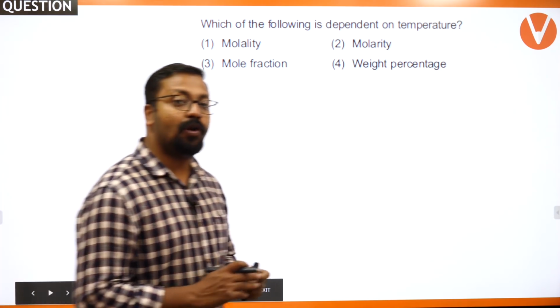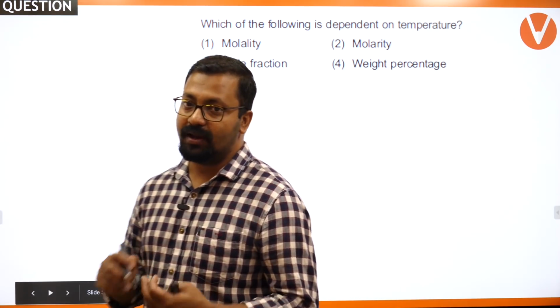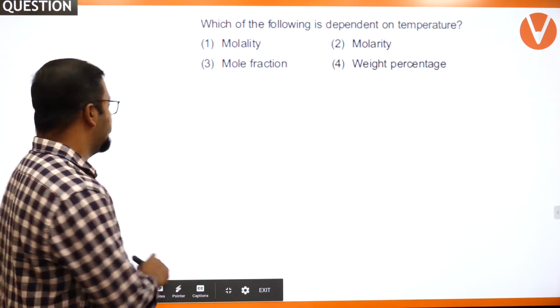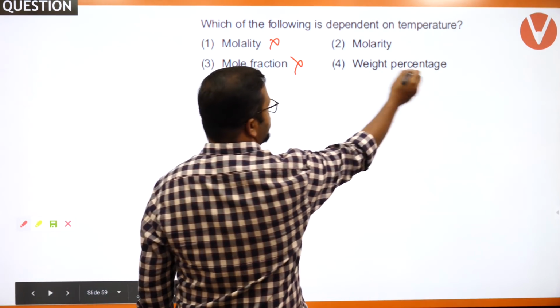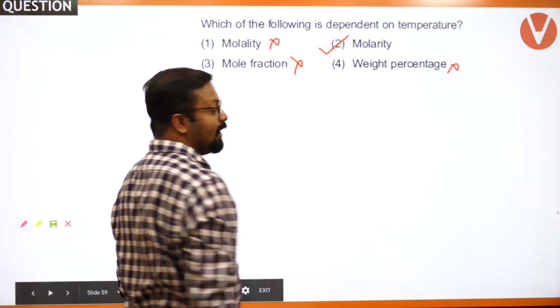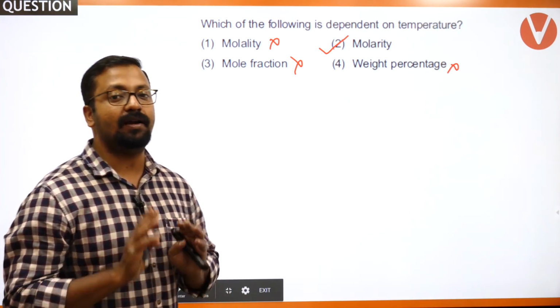Next, which of the following is dependent on temperature? The one which is dependent on temperature and the one which is not is pretty evident over here. This is not, this is not, this is not, this is dependent. Molarity depends on temperature, normality depends on temperature.